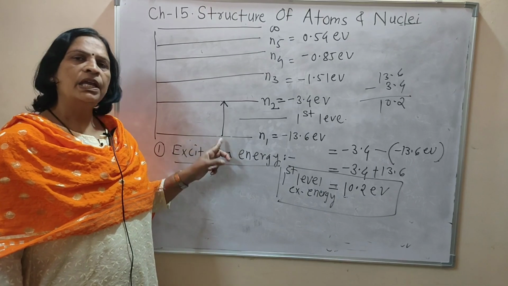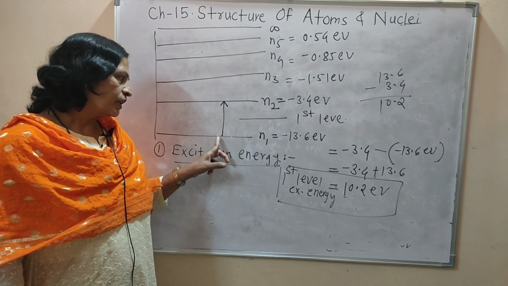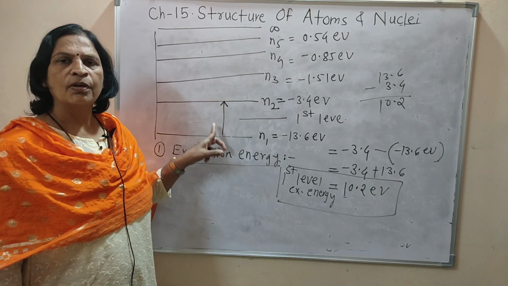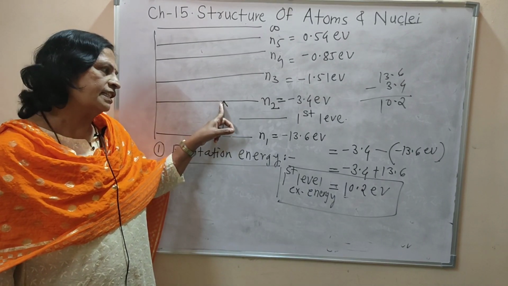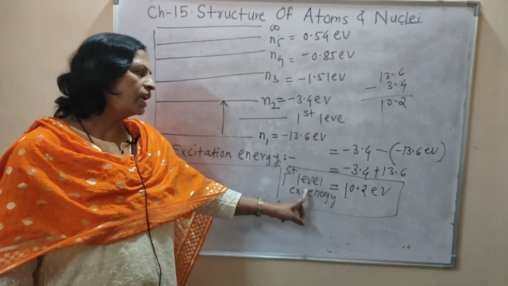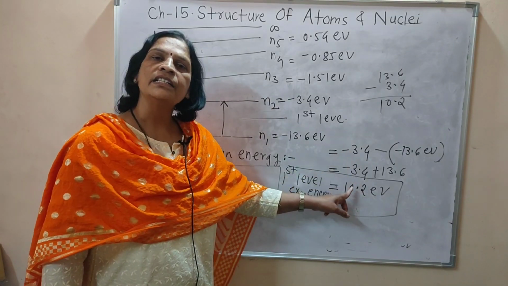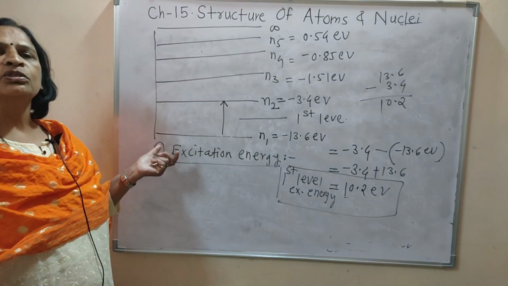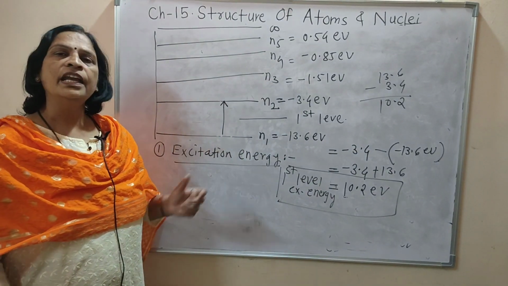Means if we have to send the electron from this level to this level, or from the ground state to the first excited state, the energy required is 10.2 electron volt, and that energy is called the excitation energy.